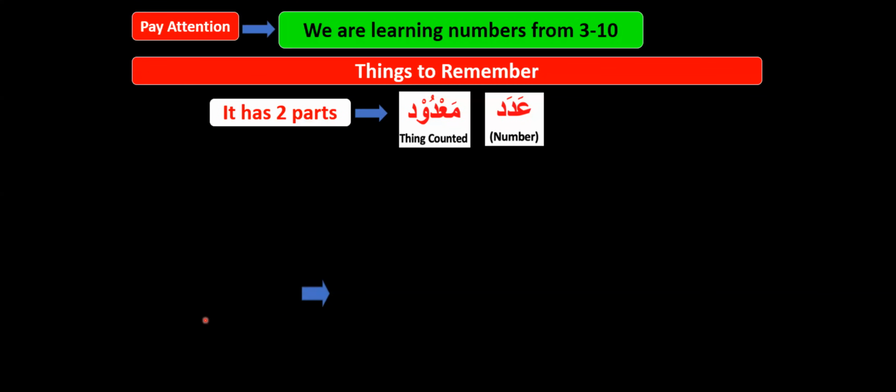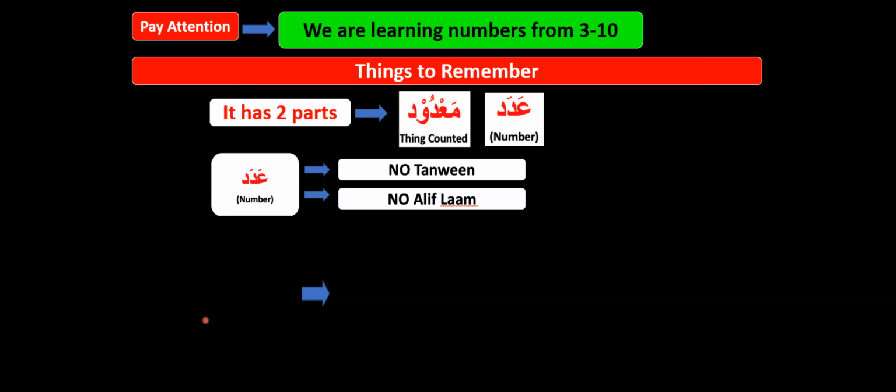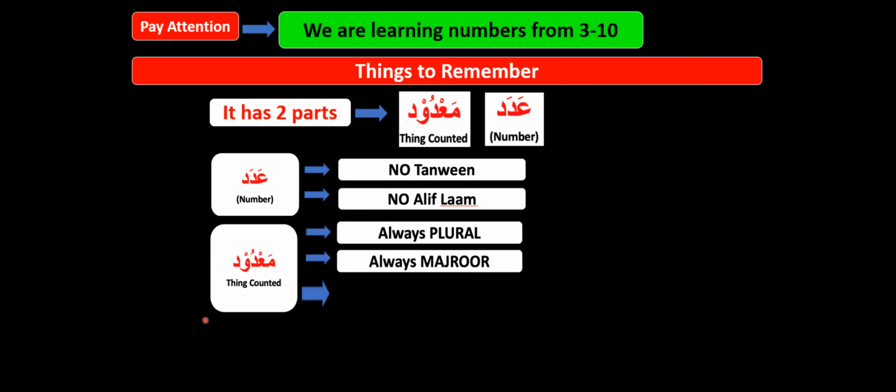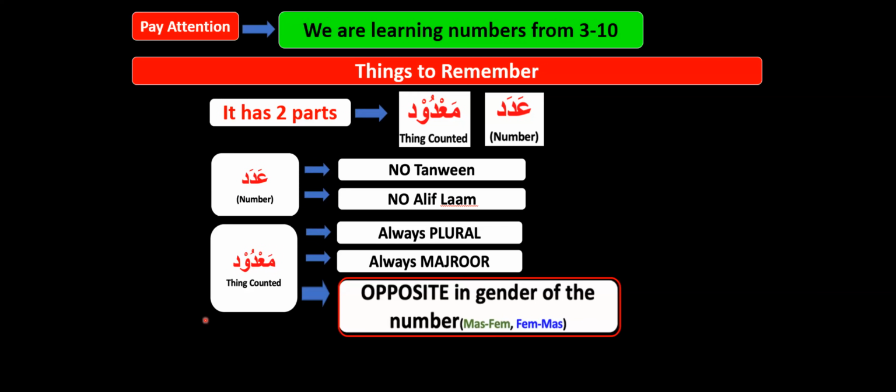So the things to remember were that the number will not accept tanween and will not accept alif and lam. For ma'dud, what we are counting, it is always going to be plural. It will always be majroor. And one important thing, it will be opposite in gender to the number. So the number and the ma'dud, adad and the ma'dud, the number and what you are counting, will always be opposite in gender.